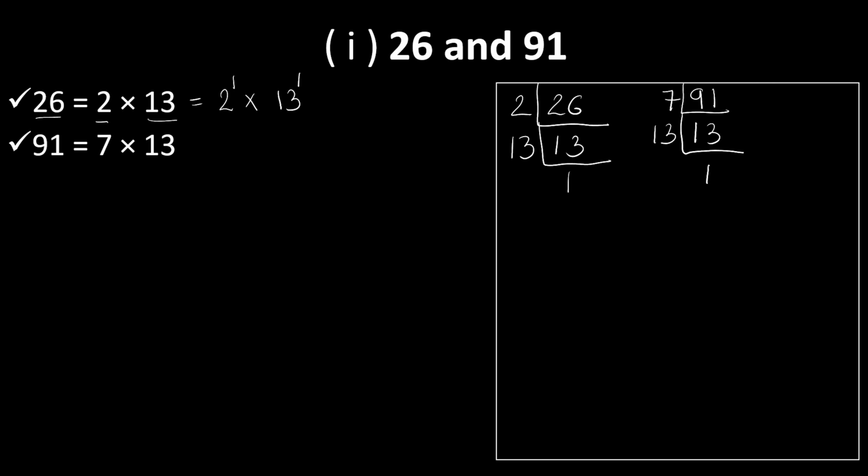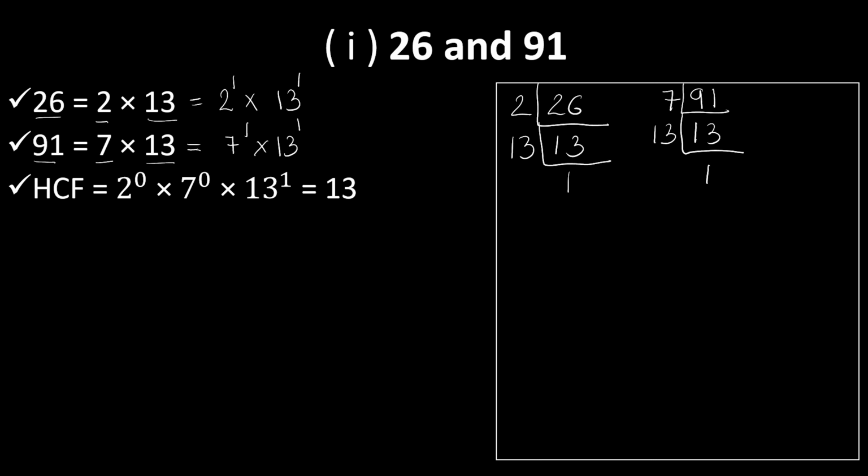Again 91, we can write as a product of prime factors as 7 into 13. Observe, it can be written as 7 raised to 1 into 13 raised to 1. Now what would be the HCF, highest common factor, of these two numbers? We have to write the least exponent possible in both the numbers.